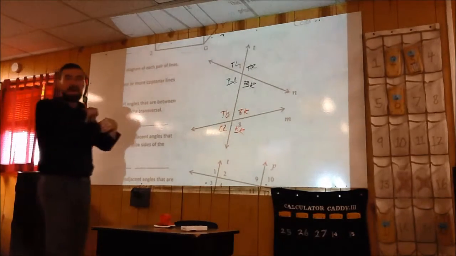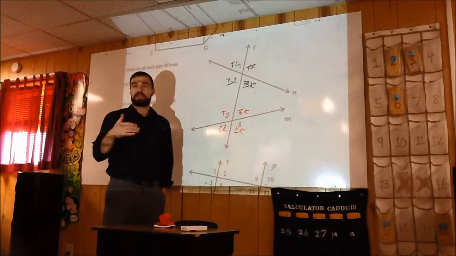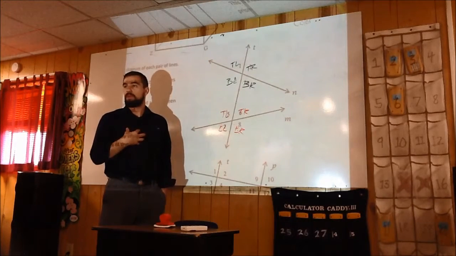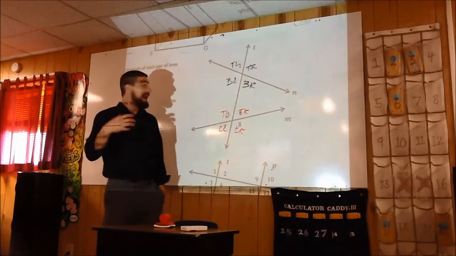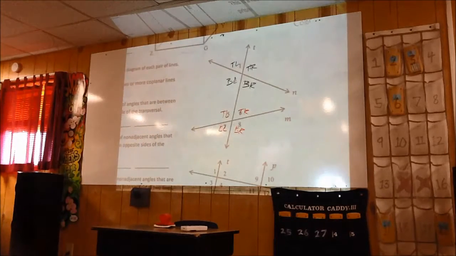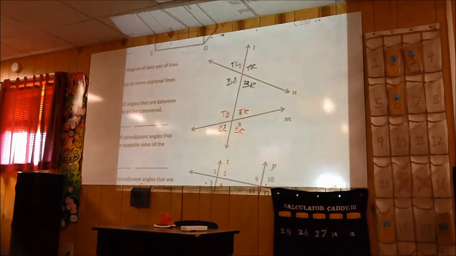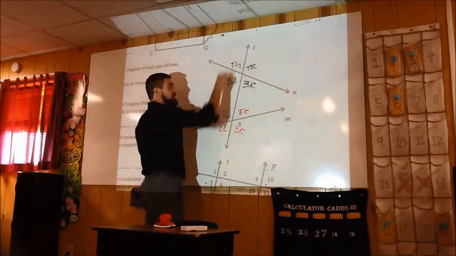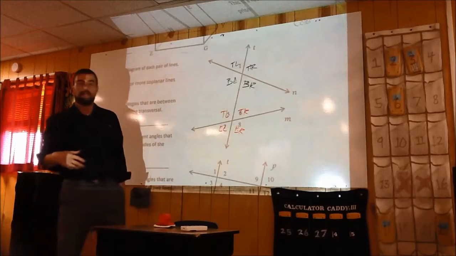But corresponding angles are same position, different intersection. That's what I'm going to refer to them as. So I gave you an example on your notes of 2 angles that are corresponding. I said that angle 1 and angle 5 are corresponding in this diagram. They're both in the top left position.